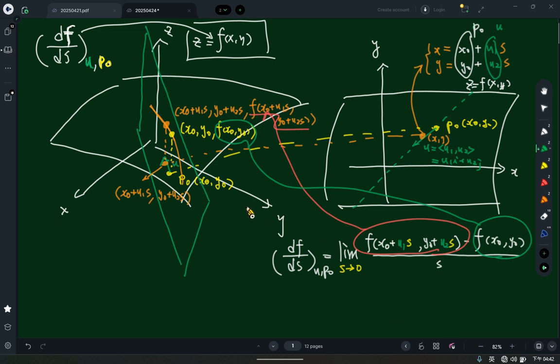As this point gets closer to this point, the green origin point gets close to the yellow point. Finally, once the origin point touches the yellow point, you can get the tangent line, and the value will be the slope of this tangent line.